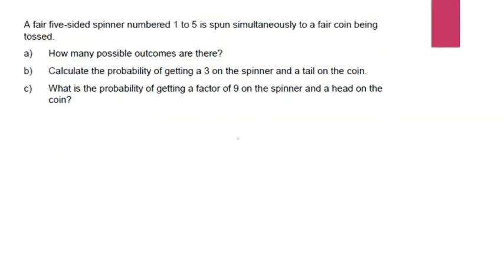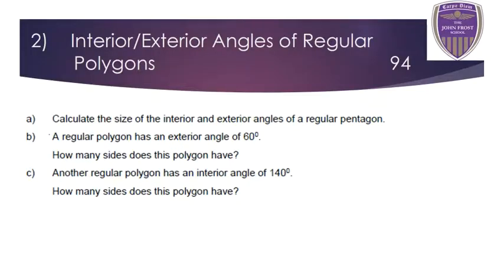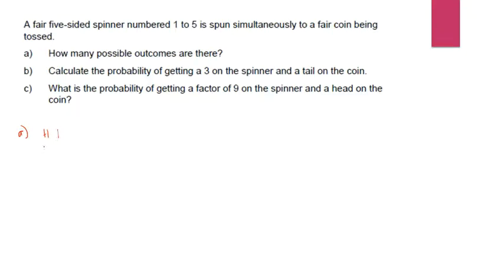So the first thing that we are going to do is write down all the possible outcomes. So we could have a head on the coin with a 1 on the spinner. We could have a head and a 2, a head and a 3, head and a 4, a head and a 5, or we could have the following.